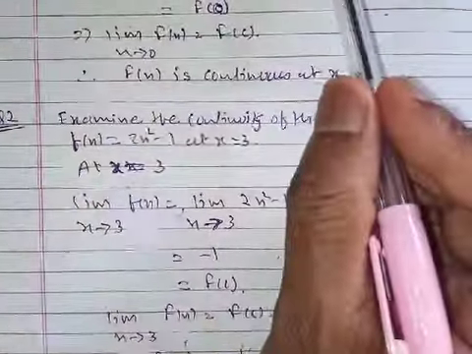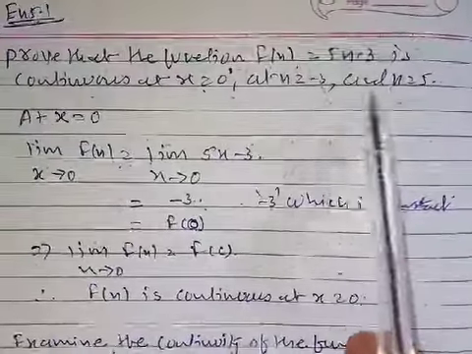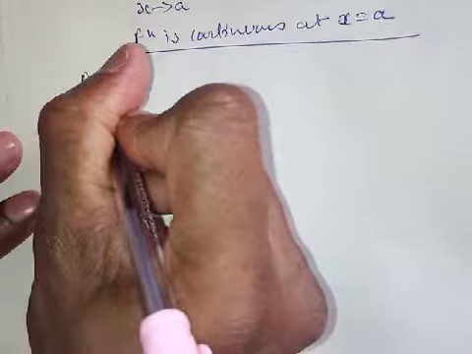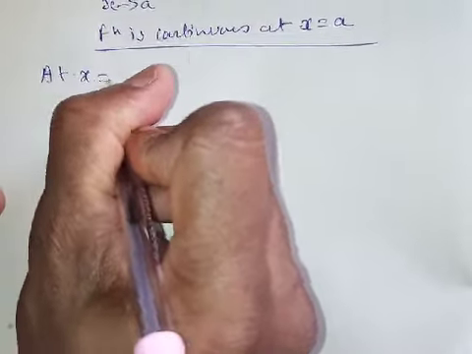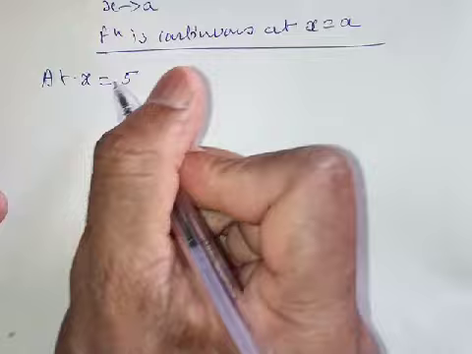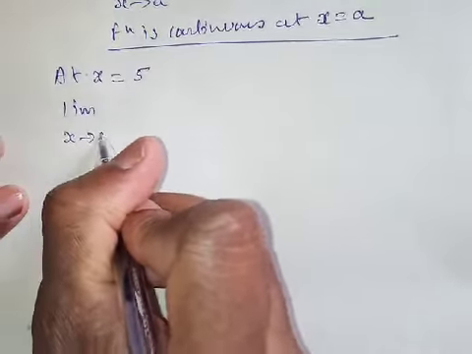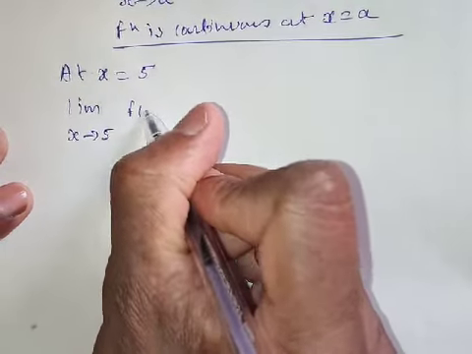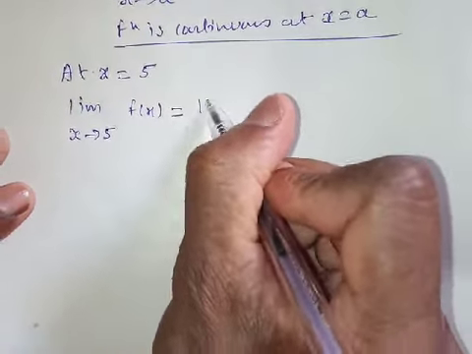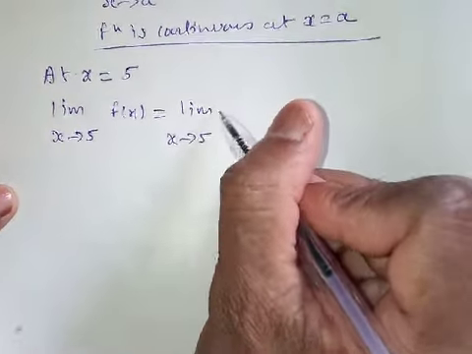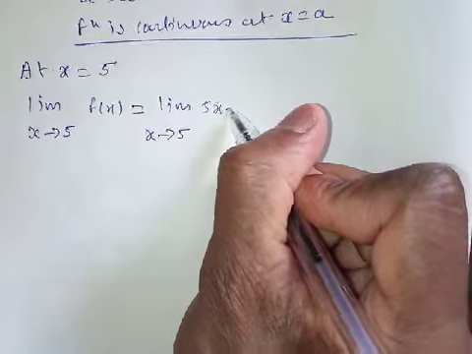You can do it for x is equal to minus 3 and x is equal to 5 the same way. Let me check it for x is equal to 5. The limit as x tends to 5 of f of x is equal to the limit as x tends to 5 of the function 5x minus 3.